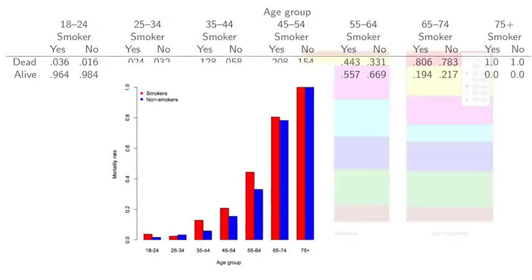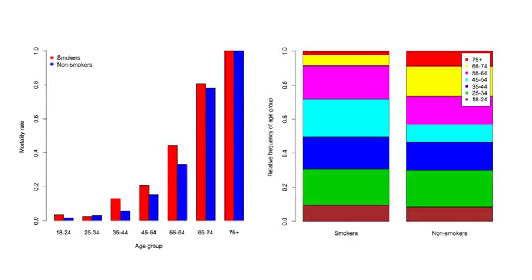How did this happen? Age is related to both smoking status and survival. The stacked bar chart shows the age distributions for smokers and non-smokers. The non-smoking population includes more older women. When the study was started, few of the women over age 65 were smokers.